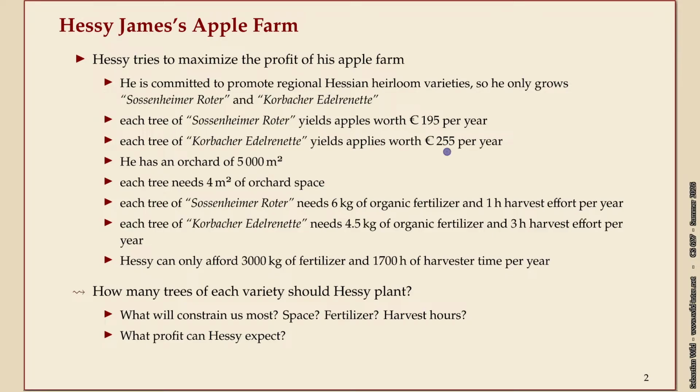So 250,000 seems like a very optimistic upper bound. It's probably going to be lower if you look at some of the other constraints. Now, this is a simple problem. There are just two variables, right? The number of trees I grow of type S and the number of trees of type K. And the numbers are small, so it's all relatively easy to figure out manually.